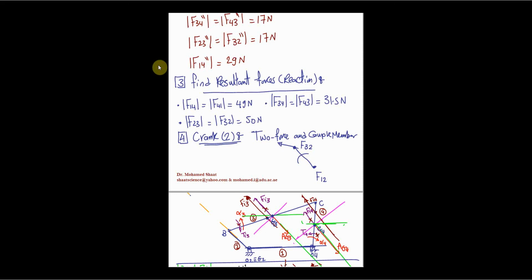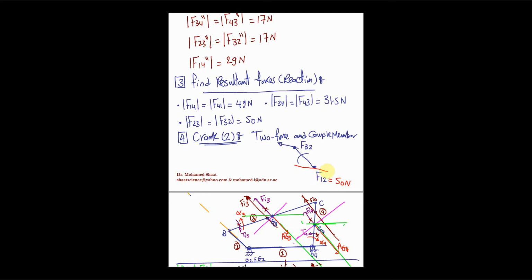But the thing that you should understand about the two force and couple member is that the two forces acting at the two ends should be parallel to each other, having the same magnitude. So what does it mean? It means that the magnitude of this force is also 50 Newton. So we have the value of this reaction, F12, automatically.